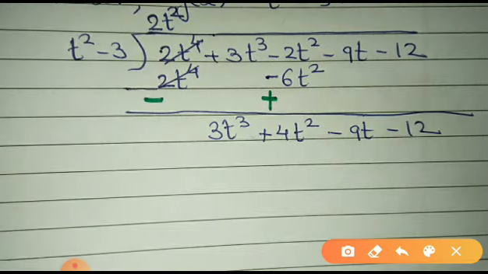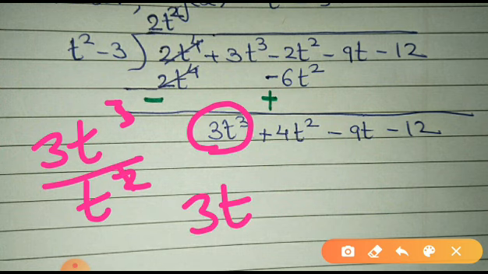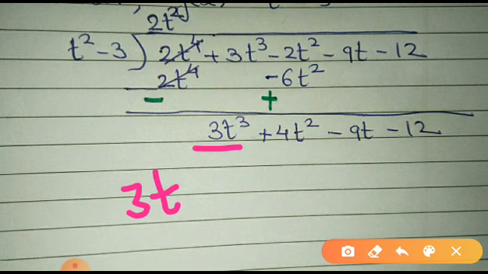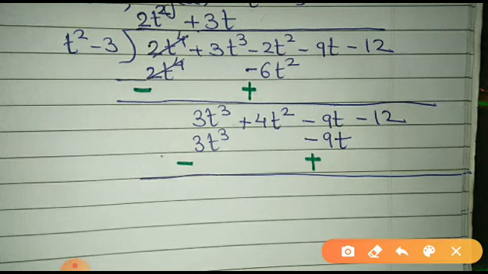Now by what should I multiply t square to get 3t cube? 3t cube divided by t square gives 3t. So t square should be multiplied with 3t in order to get 3t cube. 3t into t square is 3t cube, and 3t into minus 3 is minus 9t, written below its like term.